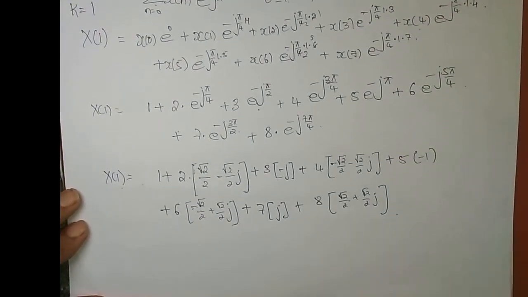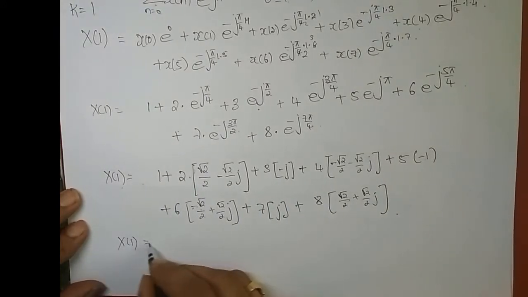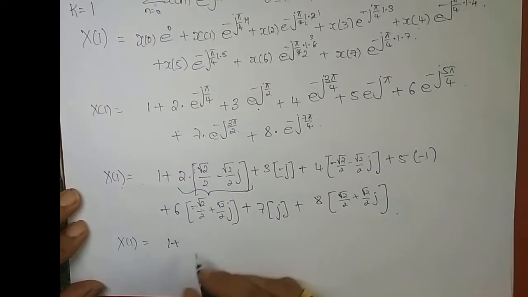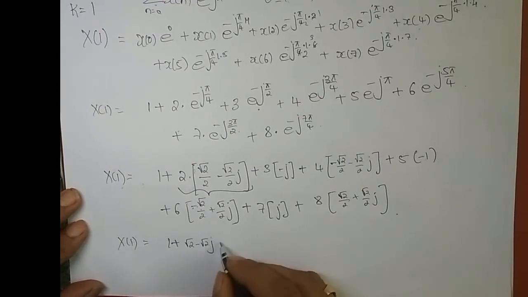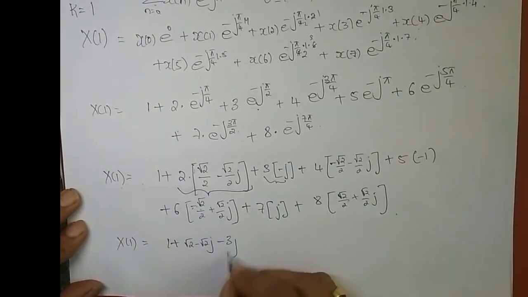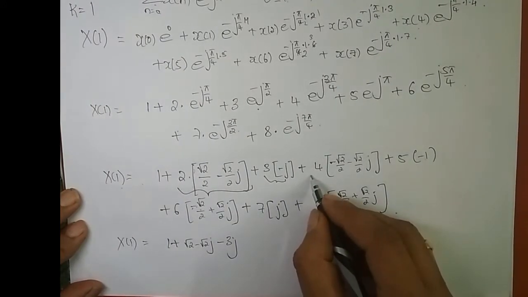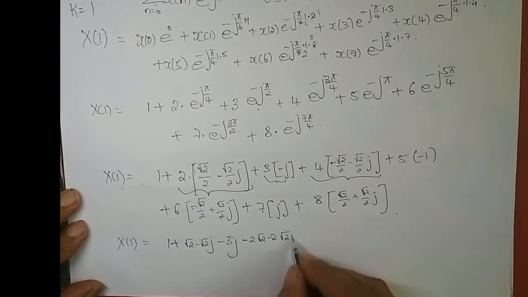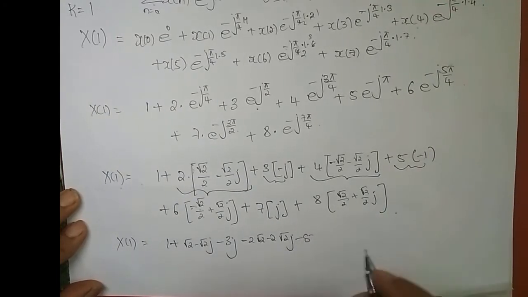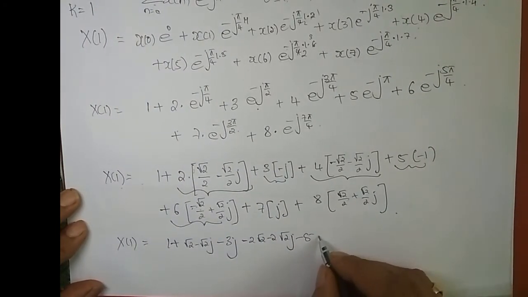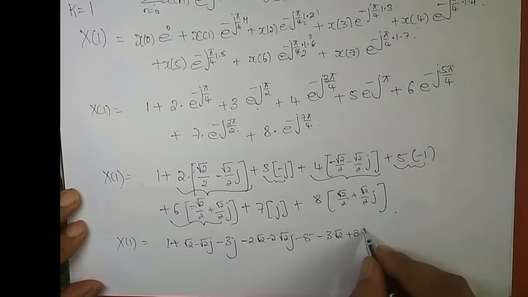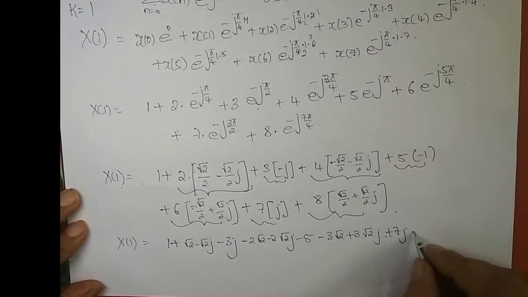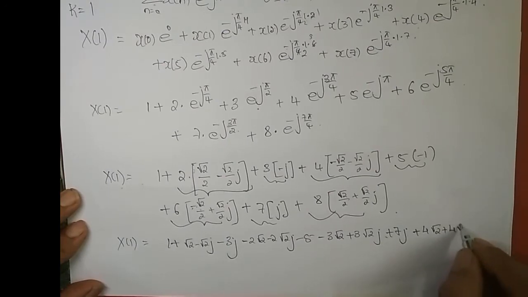Okay, so this is what we get. So x of 1 is equal to, so what do we get? 1 plus, so this value ends up with root 2 minus root 2j, minus this is 3j, and this value ends up with minus 2 root 2 minus 2 root 2j, and this is minus 5, and this value ends up with minus 3 root 2 plus 3 times root 2j, and this is plus 7j, and this value ends up with plus 4 root 2 plus 4 root 2j.